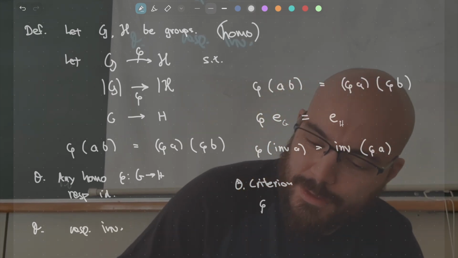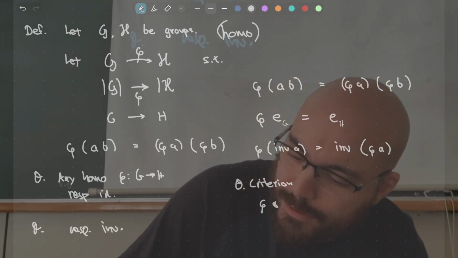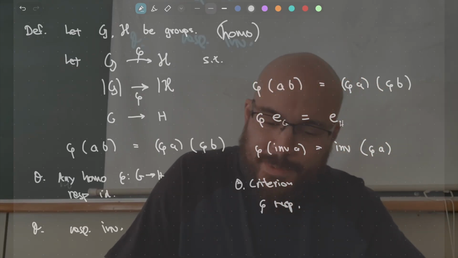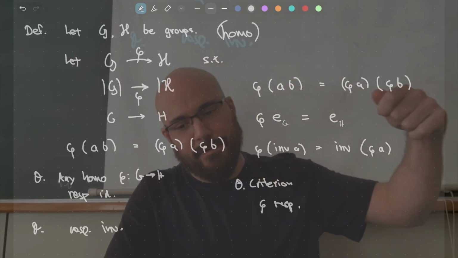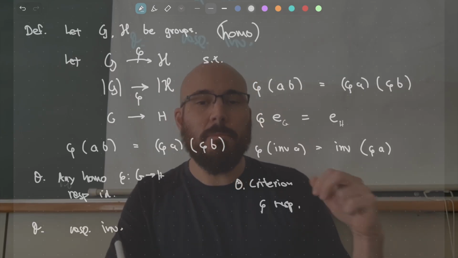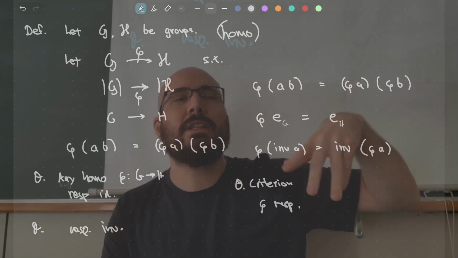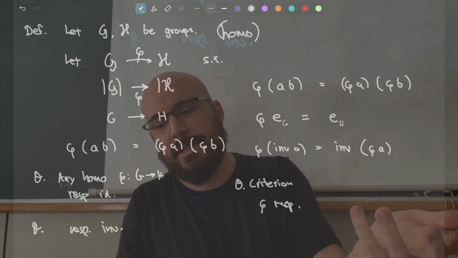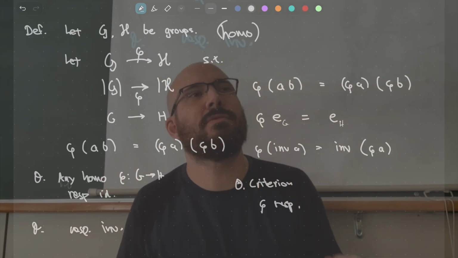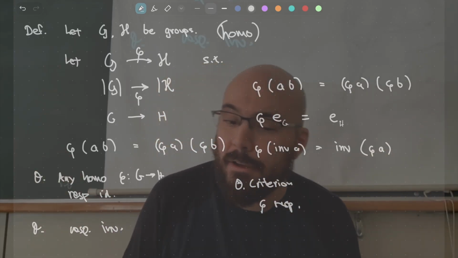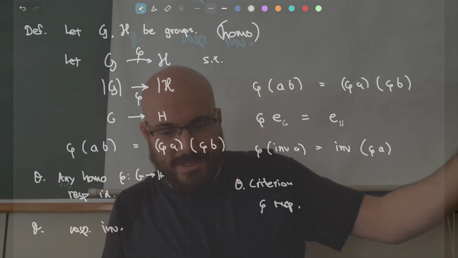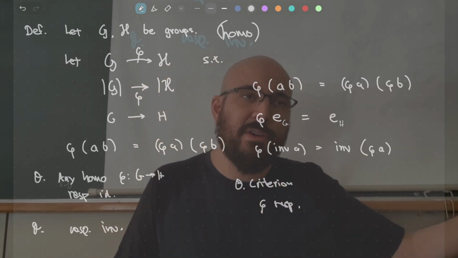If you have a function that respects the operation in a group, then it respects the identity, and another criterion says that it also respects the inverses. So my definition has three things, but I've proved theorems that give me the right to call something a homomorphism just by proving one thing. This is the whole concept of criteria, okay? It's not that every time I want to prove that something is a homomorphism, I have to do three things and my friend has to do one.